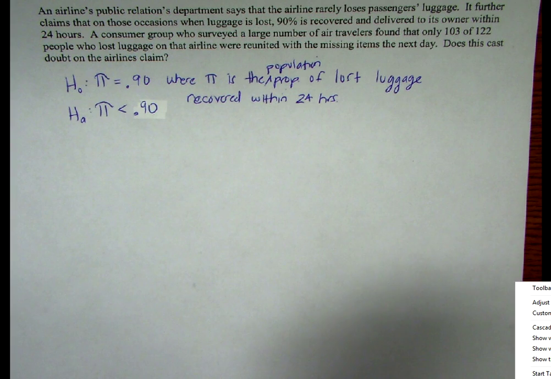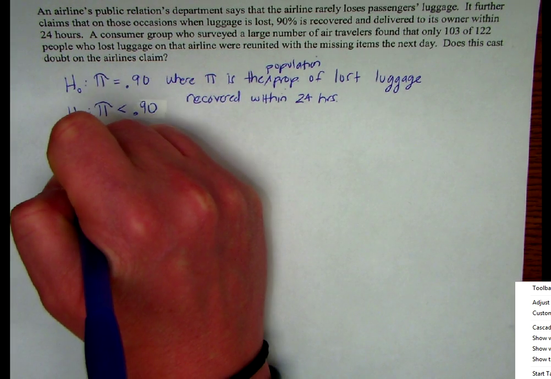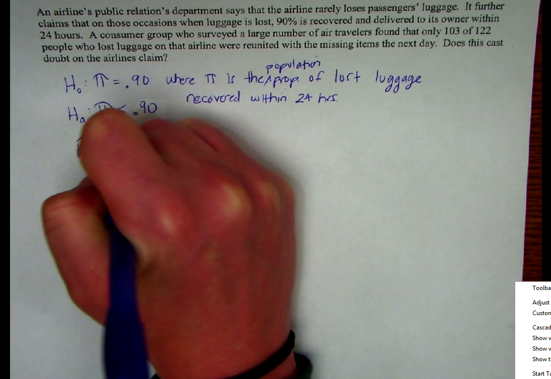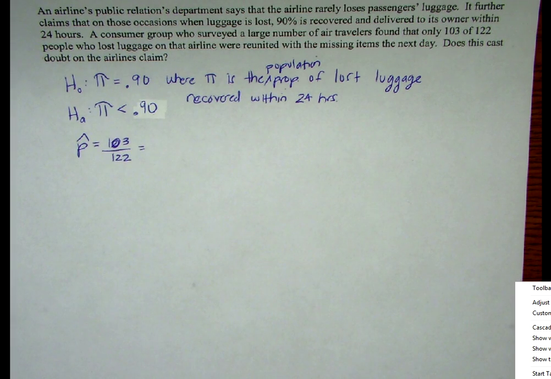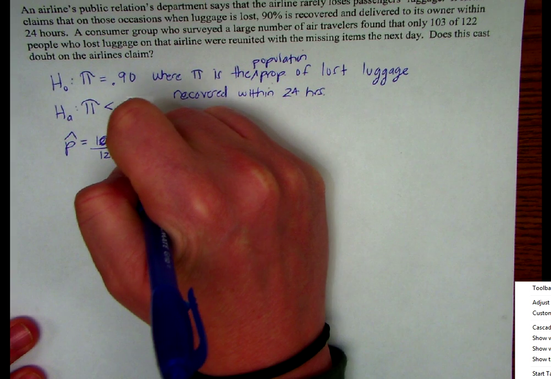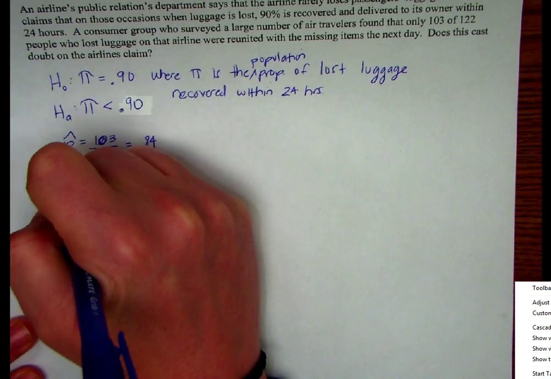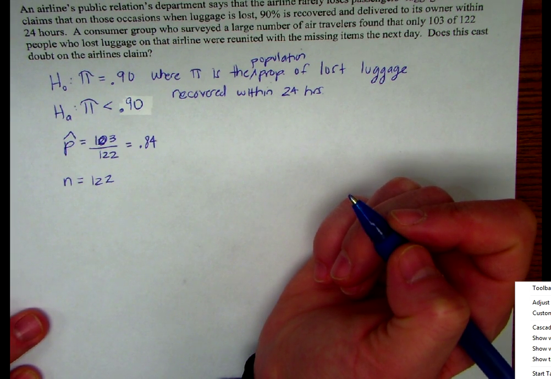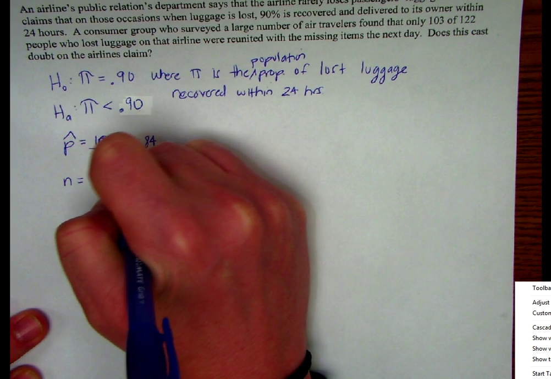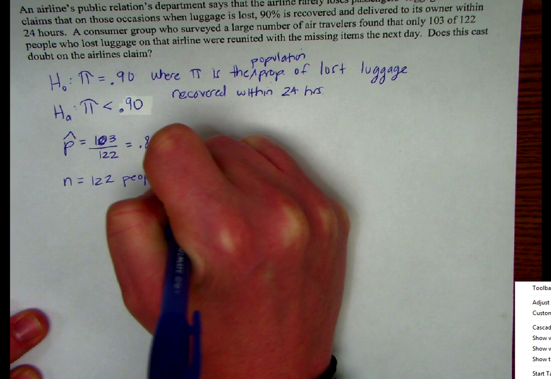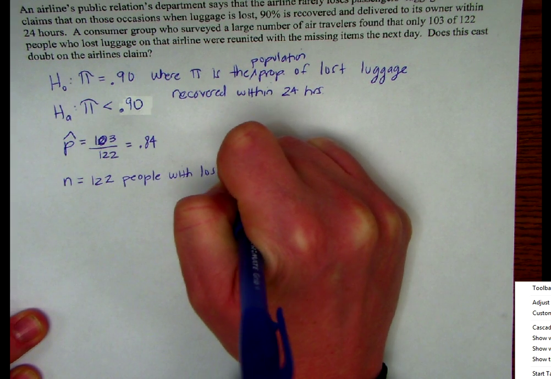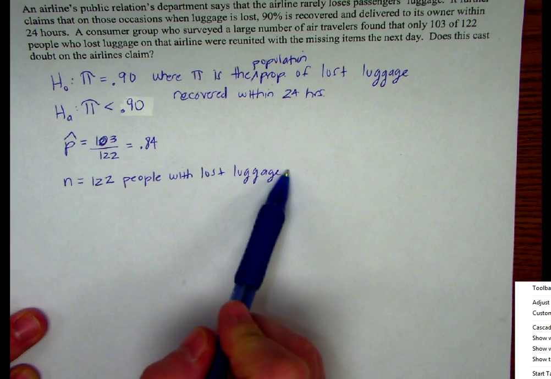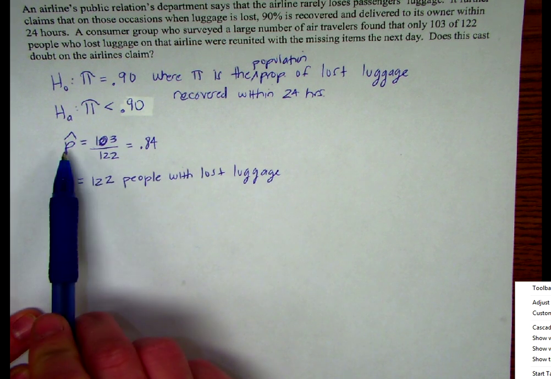Now the other variables that come into play, where you don't have to actually define these, are our p hat, which is 103 out of 122, and that's 0.84. And we also have our n, which is 122 people with lost luggage. You do not have to write in words what n is or what p hat is.